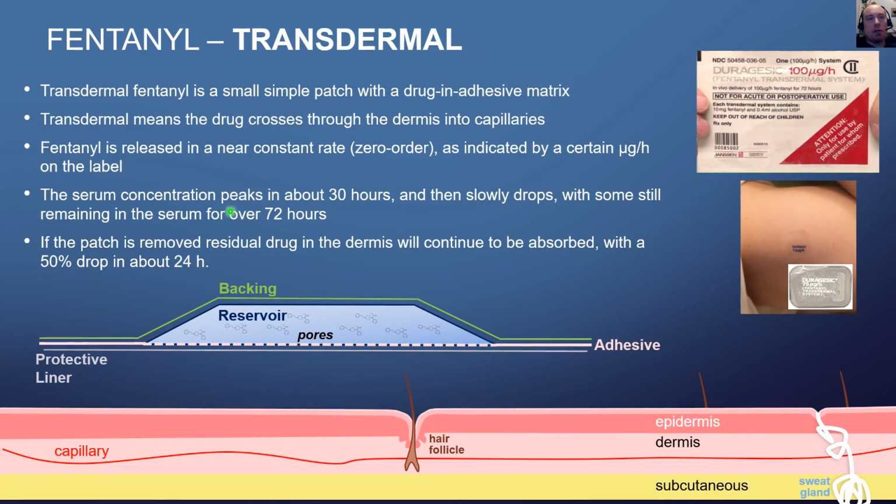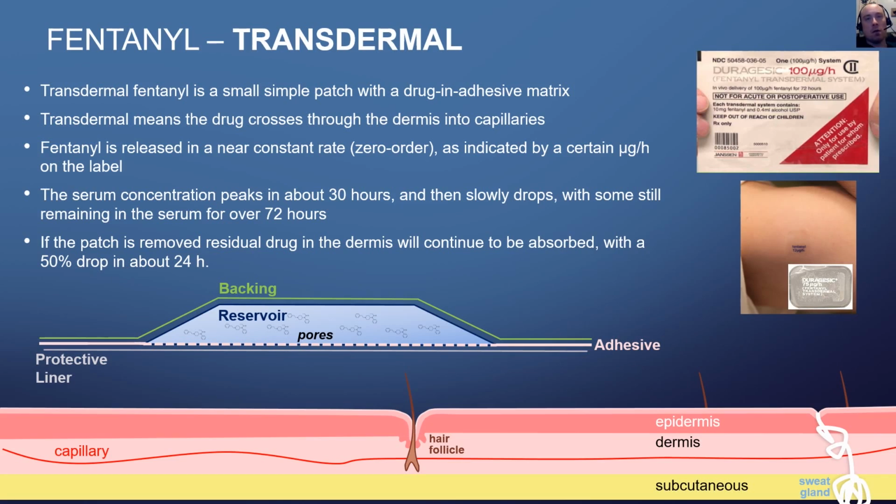So the serum concentration peaks at about 30 hours, then slowly drops, with some still remaining in the serum for over 72 hours. However, if the patch is removed prematurely before it's exhausted, you will still have a large amount in the dermis and epidermis, and you'll still get absorption with approximately 50% reduction in the serum level in about 24 hours.